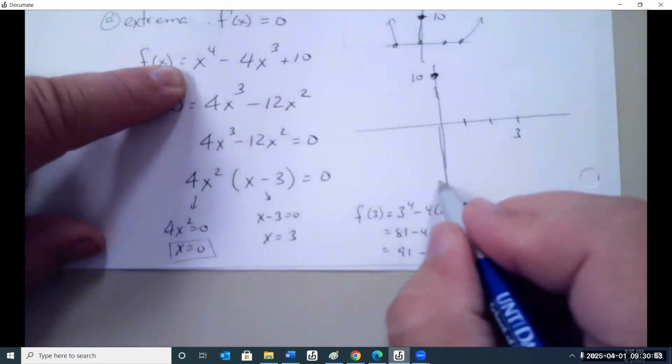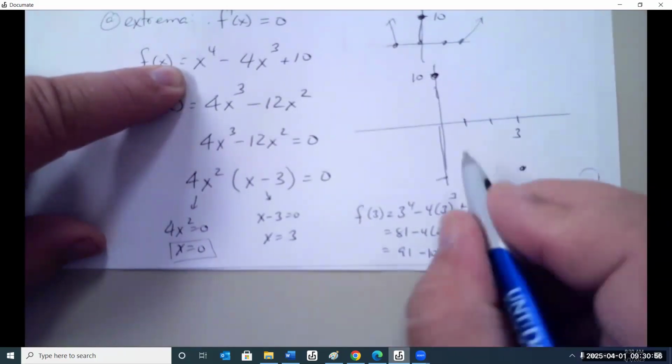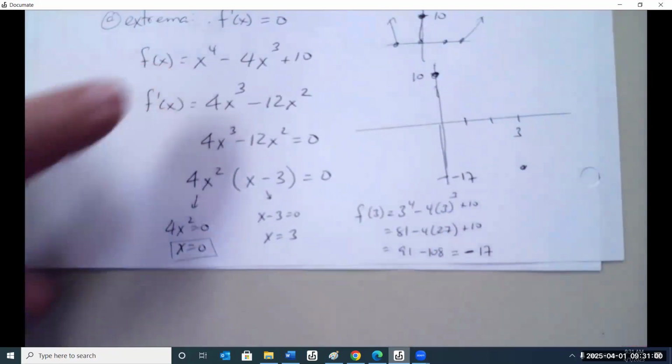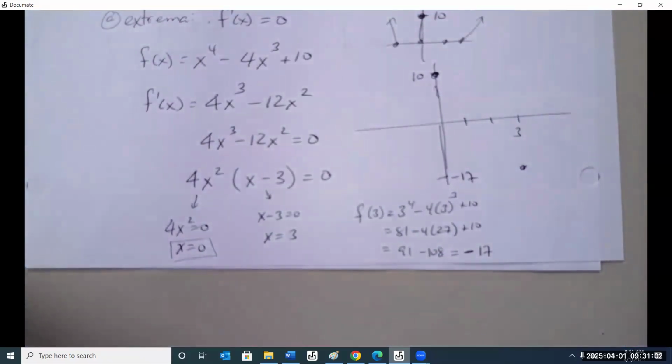So at 3, the minimum is going to be at negative 17. So we found the extrema.